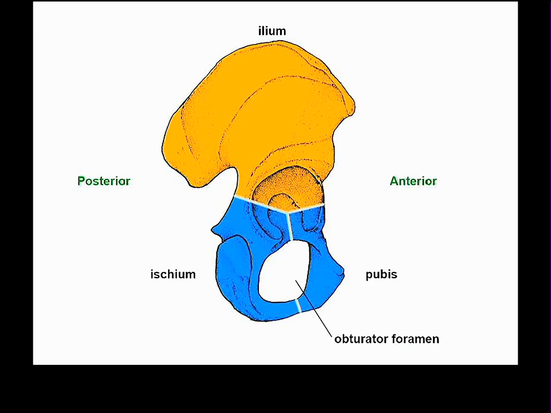It's just an extension of the periosteum of the ischium across that hole to join the periosteum of the pubis, and that's called the obturator membrane. There's a tiny little gap at the very top of it, and that gap is for the obturator nerve to get out, and the obturator artery to get out. Most of the foramen is occupied by connective tissue.